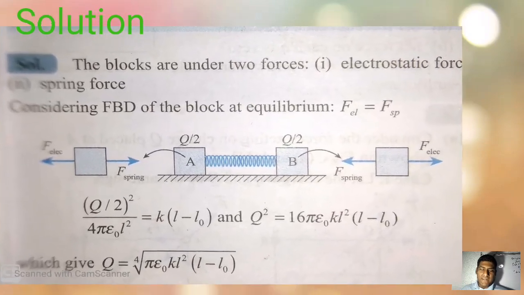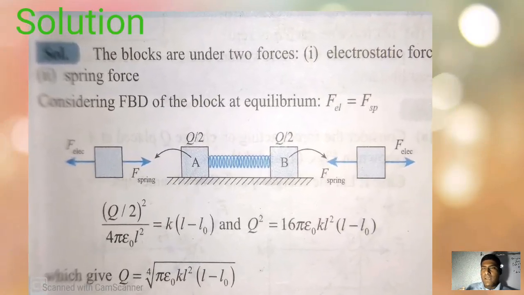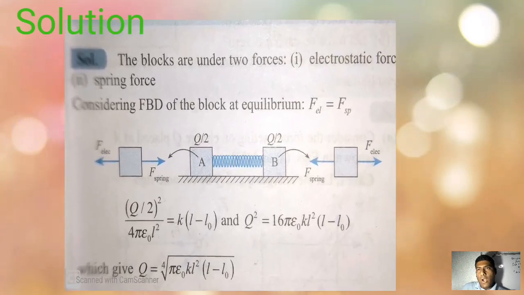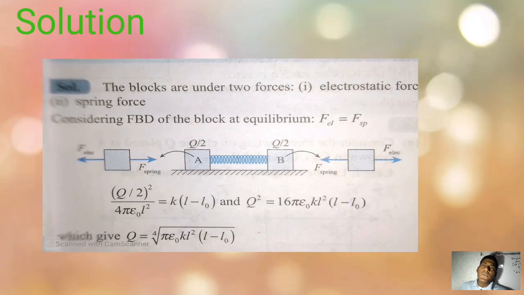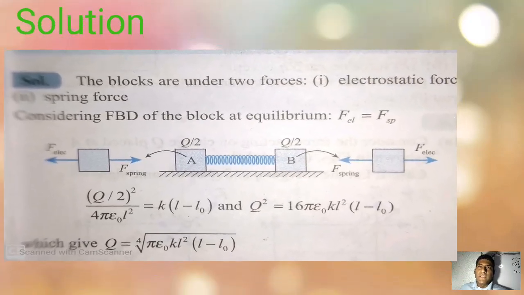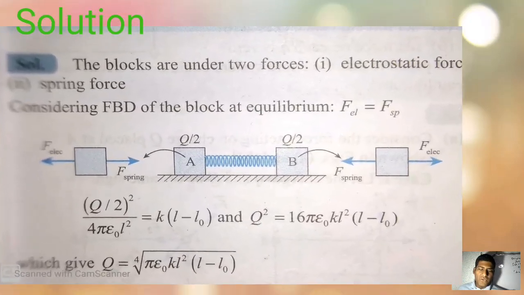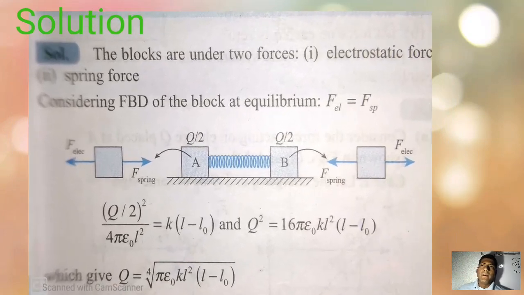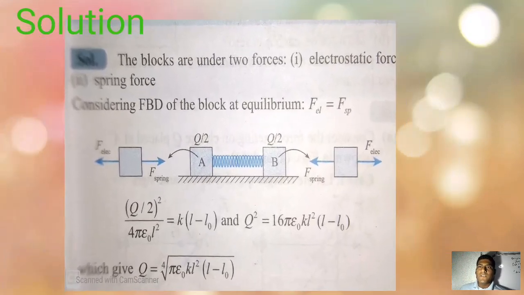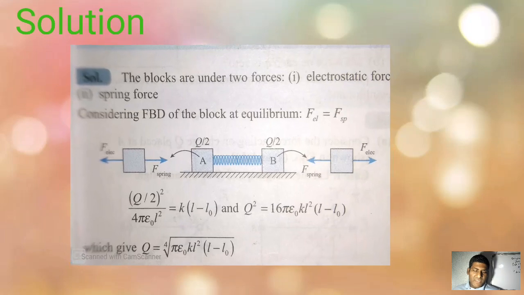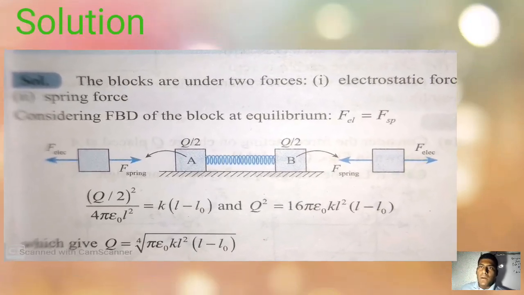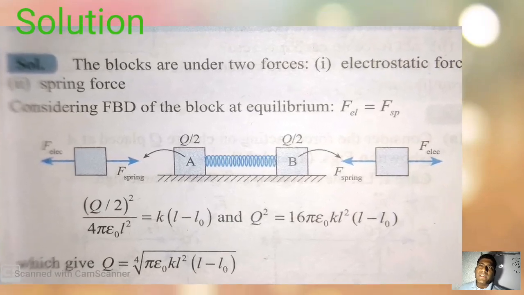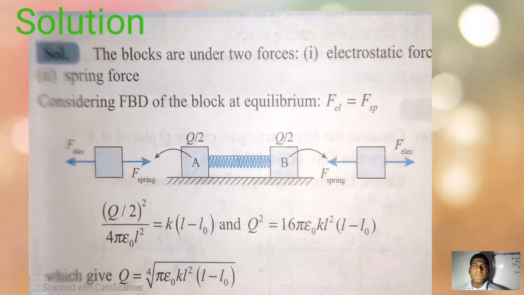These two forces act in opposite directions. Similarly, for block B there are also two forces, the spring force and the electrostatic force, and these two forces keep the spring in equilibrium position. Okay, so from the condition of equilibrium we can say that F electrostatic is equal to F spring.